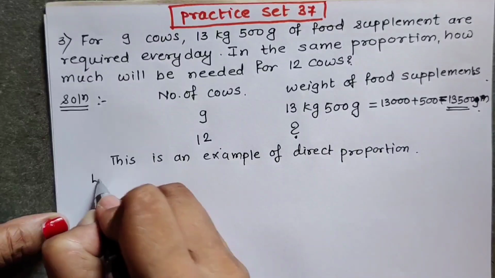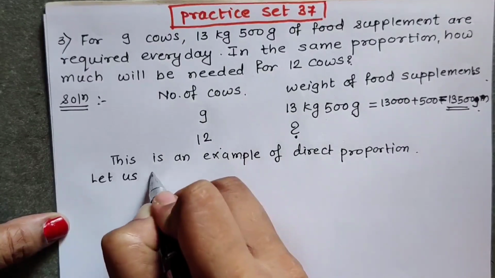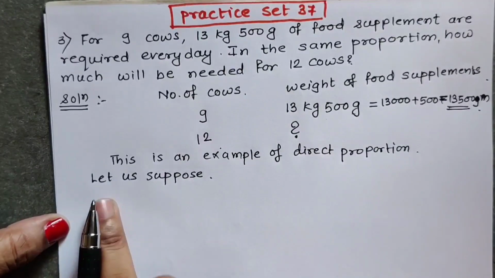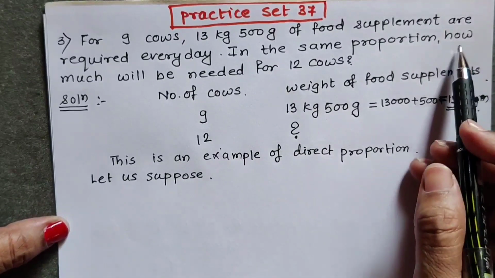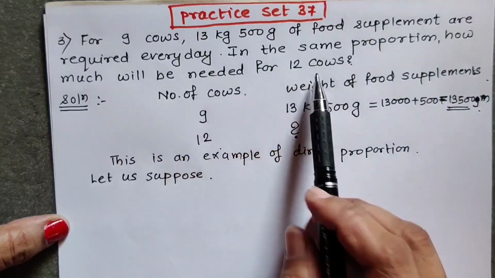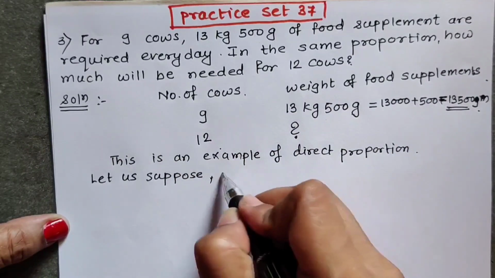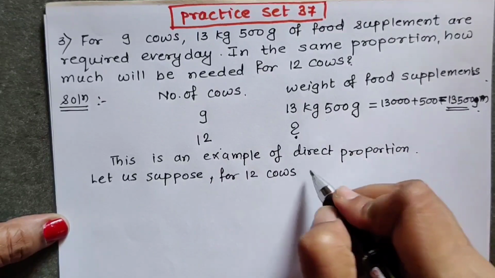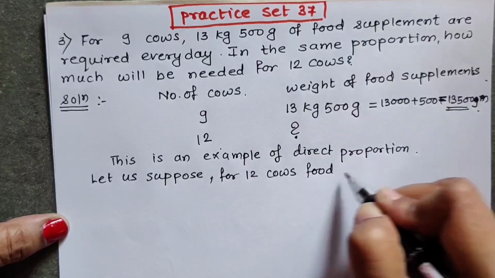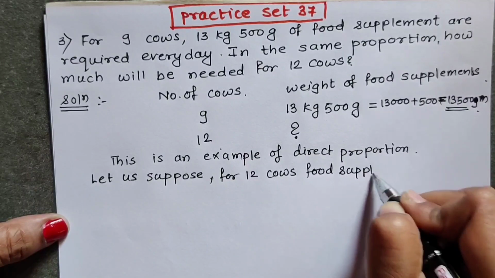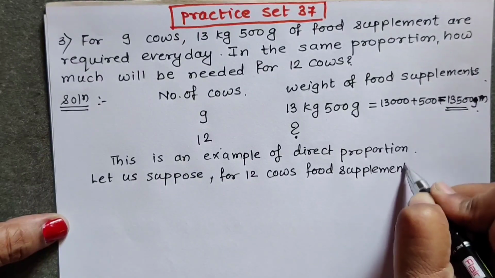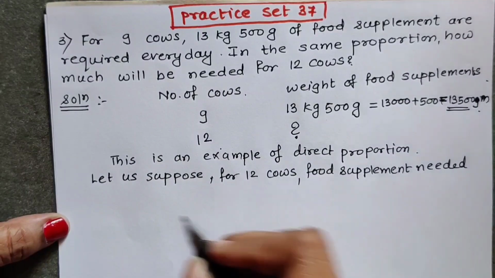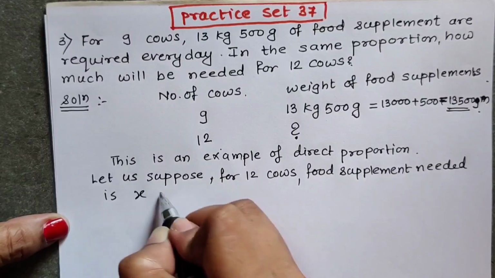So let us suppose, we write this sentence from the question, how much will be needed for 12 cows. So let us suppose for 12 cows, food supplement needed is X gram.